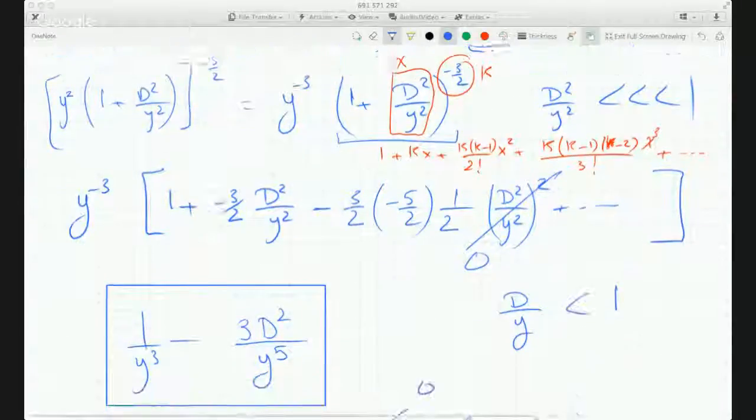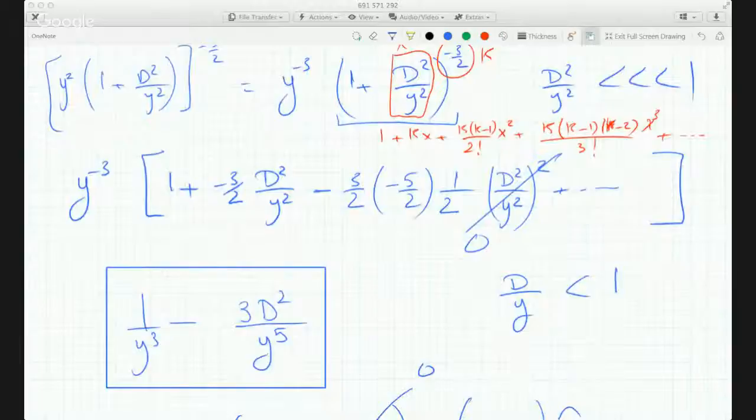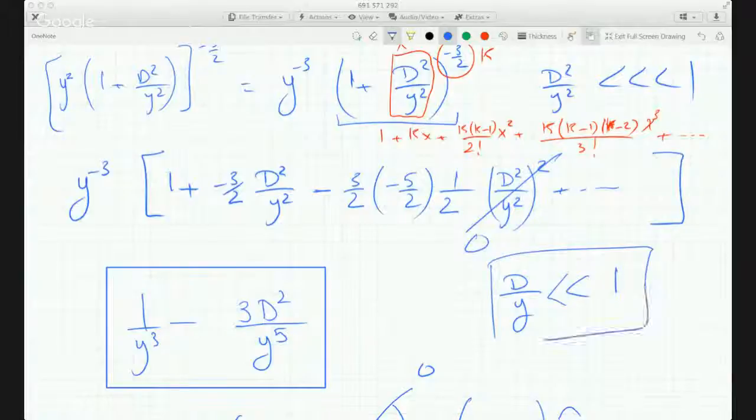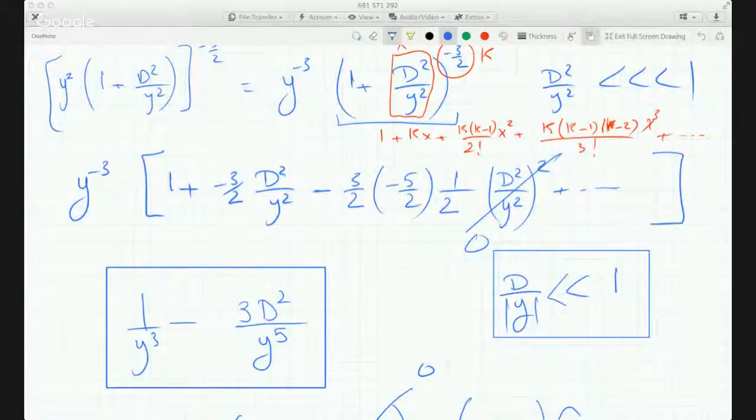This is the radius of convergence of the series. This is only true when d over y is much less than 1. This is the ratio of my series. Absolute value of y, because I could also be in the negative y direction.